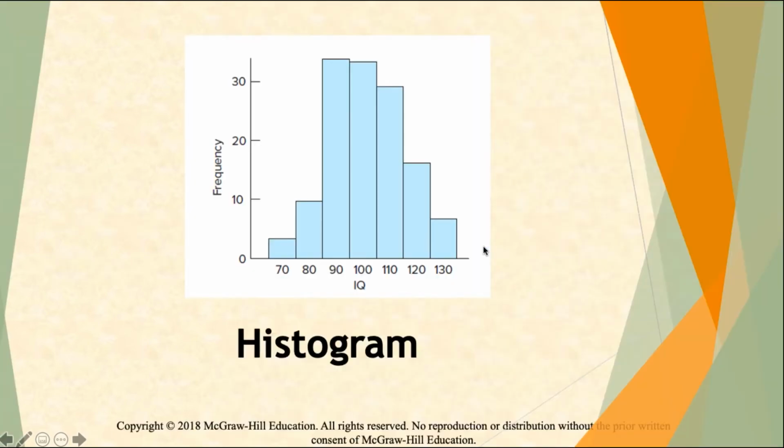So this is the shape of the histogram. In this figure, we display our IQ frequency distribution as a histogram. A histogram resembles a bar graph, with each bar representing a class. Unlike the bars in a bar graph, those in a histogram are drawn touching to indicate that there are no gaps between adjacent classes.